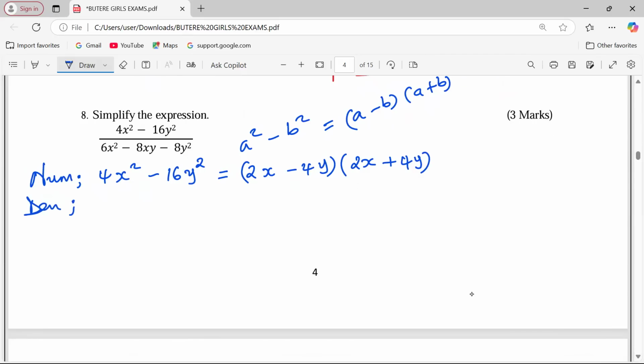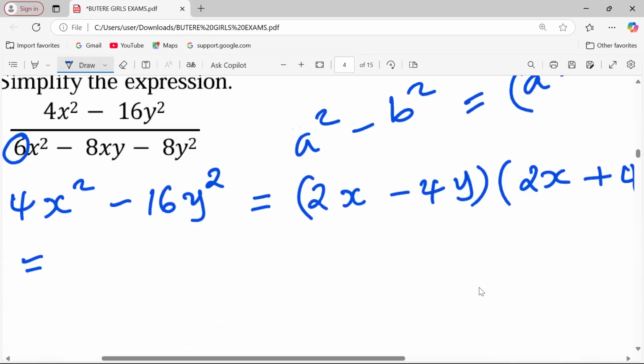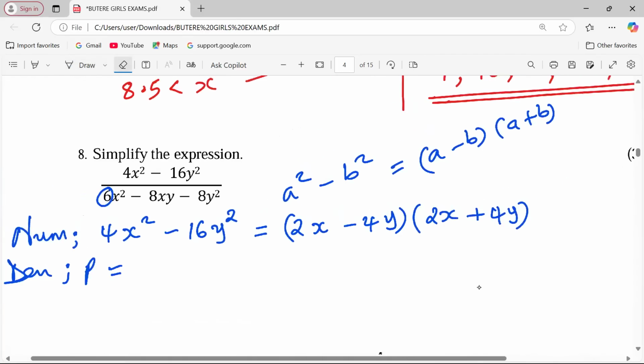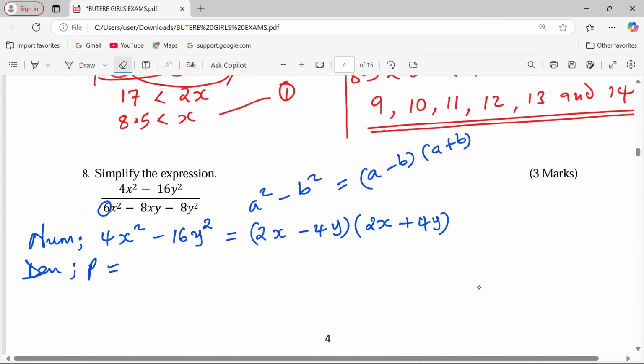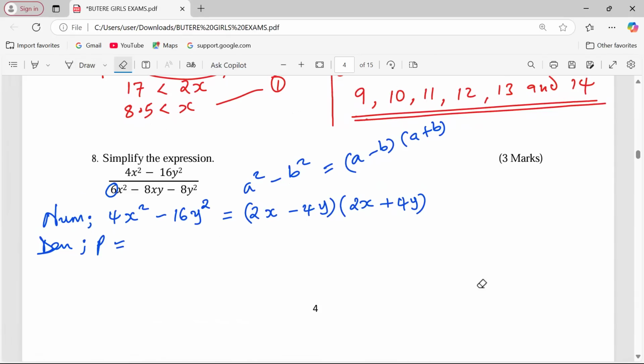The denominator is what we call a quadratic expression. Now, with a quadratic expression, for you to factorize it, we're supposed to have a product which is equal to a times c. So 6 times a negative 8 will give us negative 48, right?